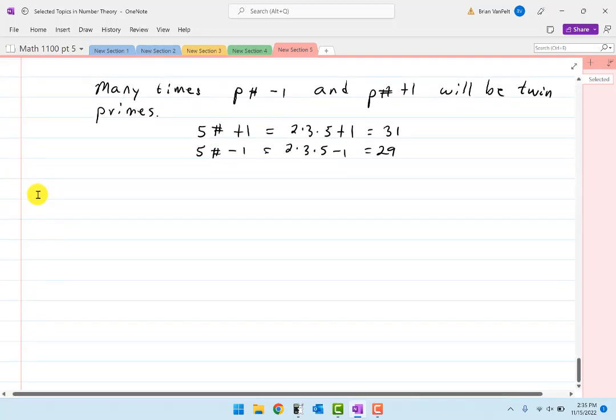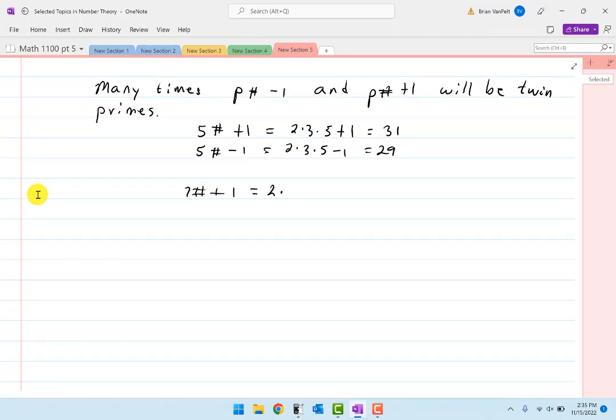Or we can try 7 pound plus 1, that's 2 times 3 times 5 times 7 plus 1, that equals 211. 7 pound minus 1 equals 2 times 3 times 5 times 7 minus 1, which is 209.